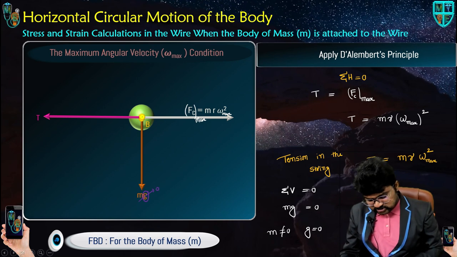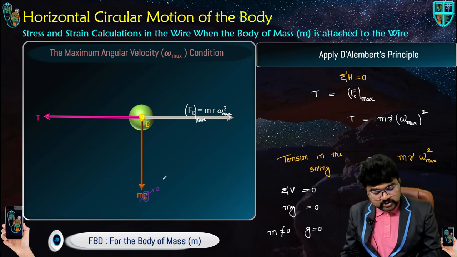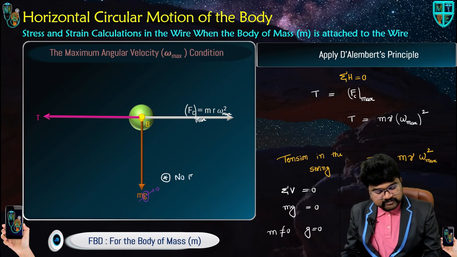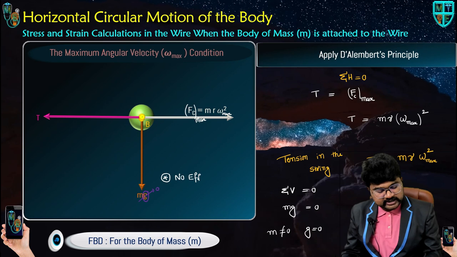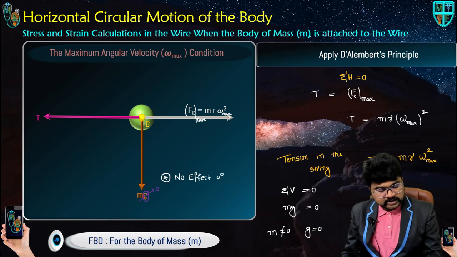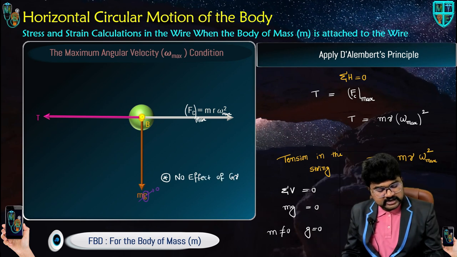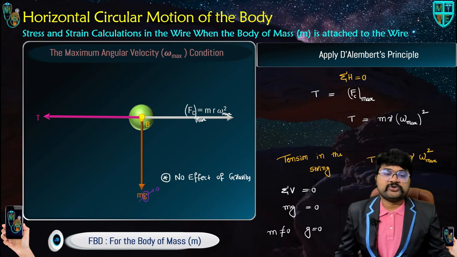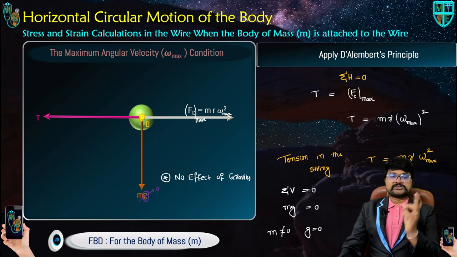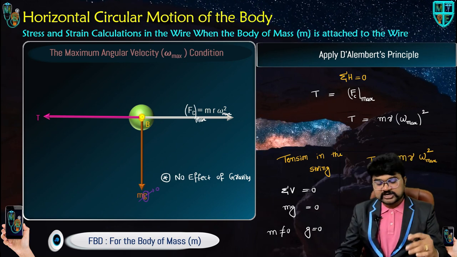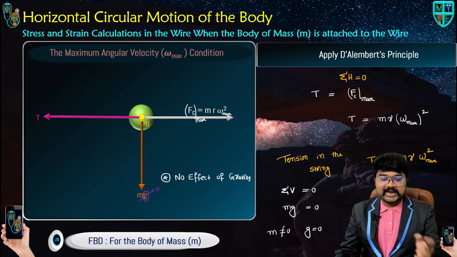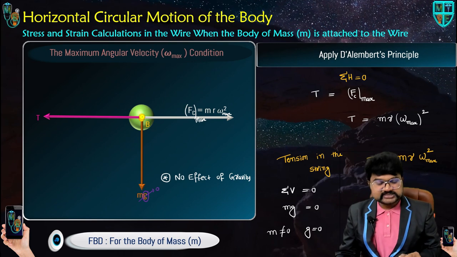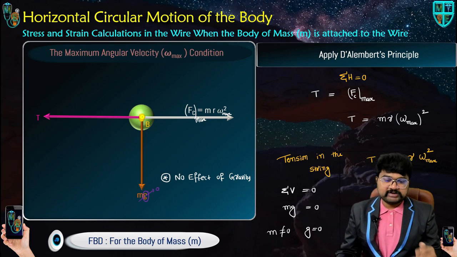Understood? So the acceleration due to gravity has no effect in this particular horizontal circular motion, where theta equals 90 at this particular condition.